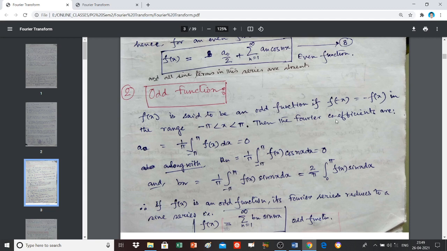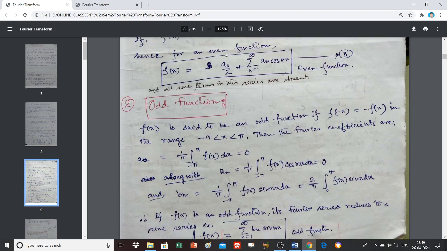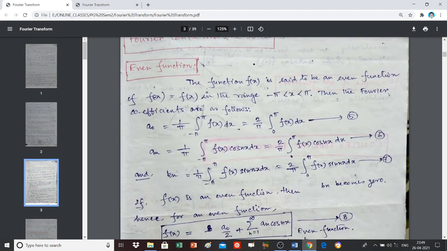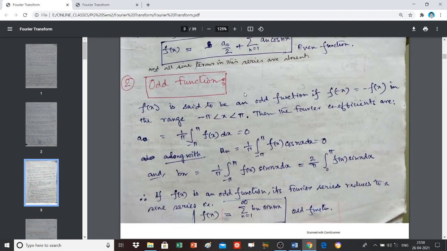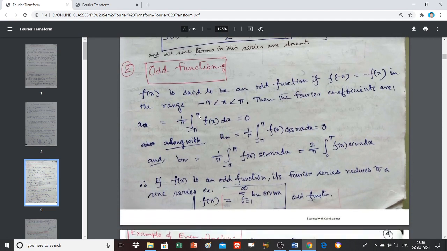And then the Fourier coefficients are as already written in the first case. You see here that a0 is equal to 1 by pi, integral minus pi to plus pi f(x) dx.